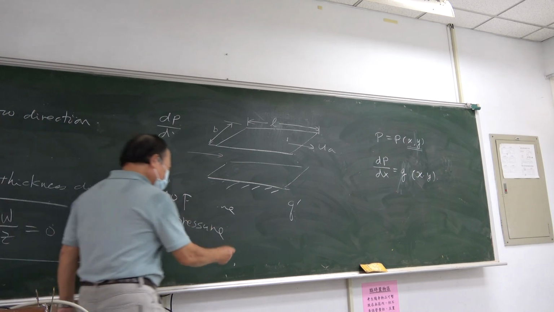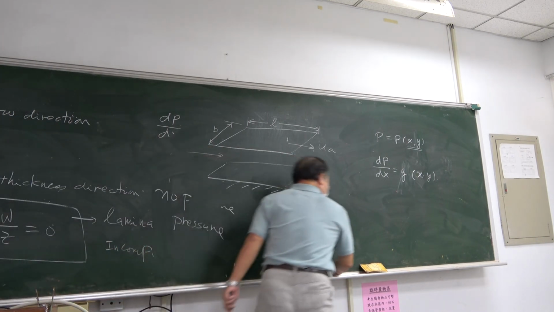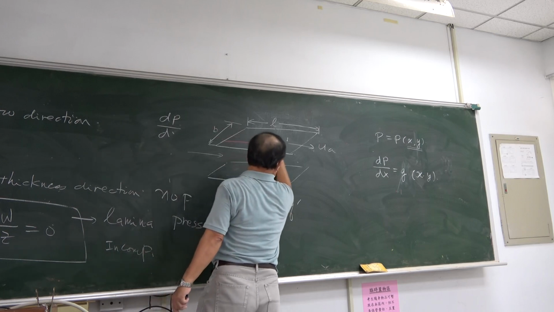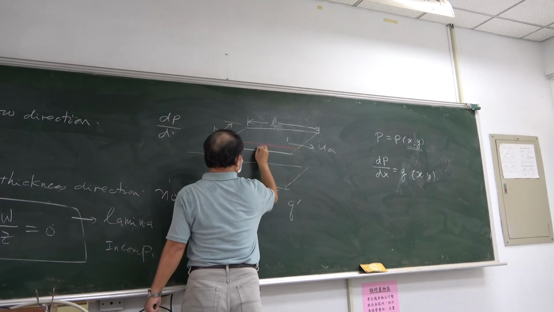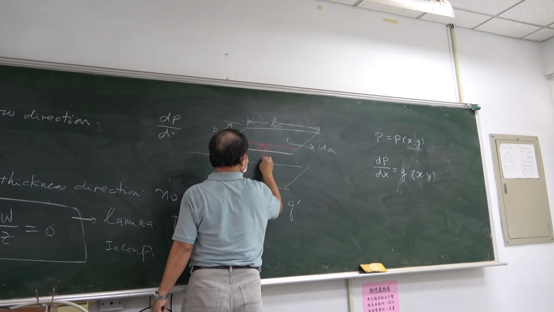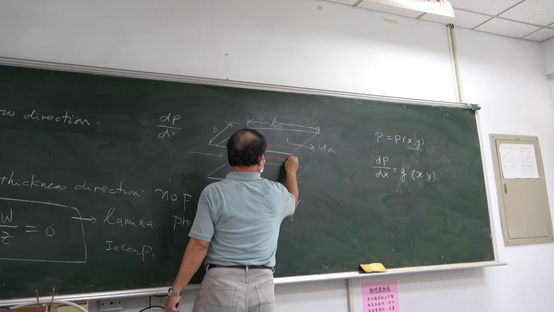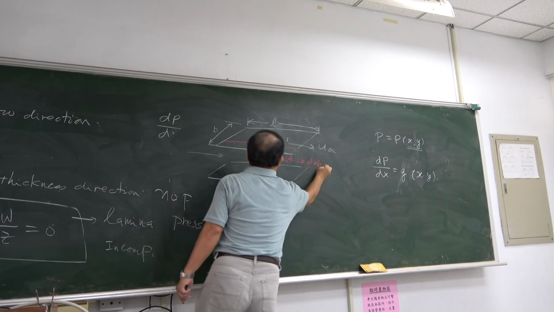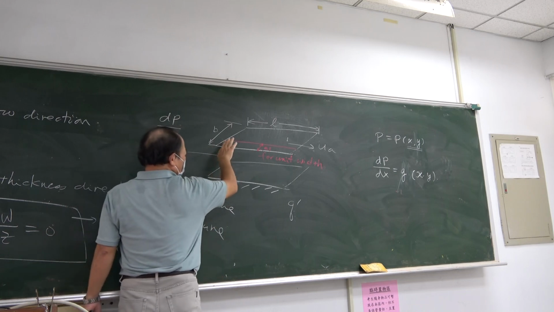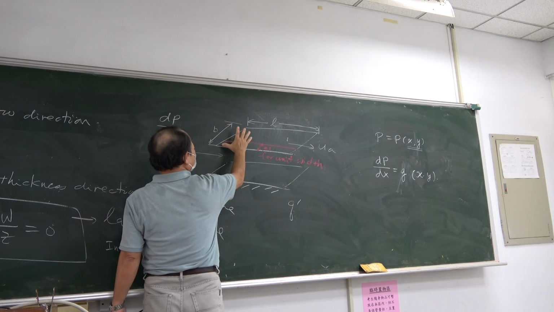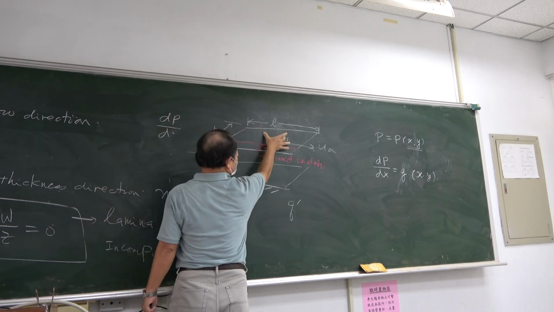Now if we evaluate the flow rate based on unit width, originally the flow rate is based on the width B and the length, right?